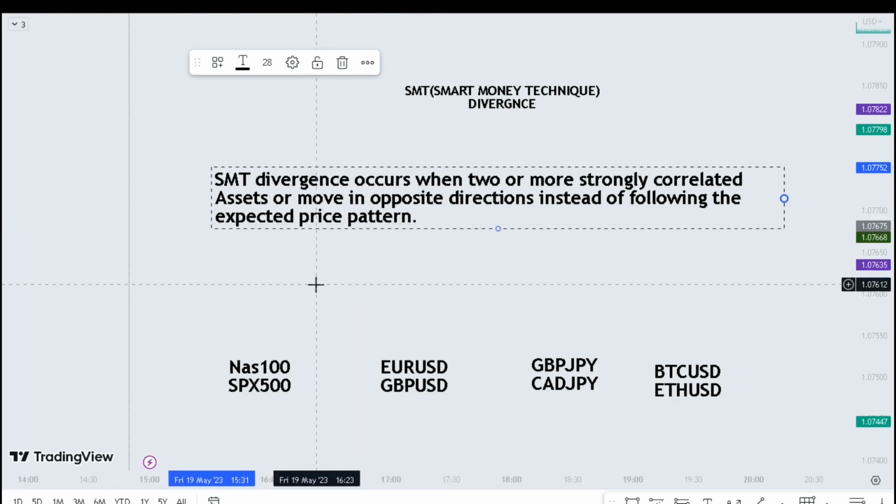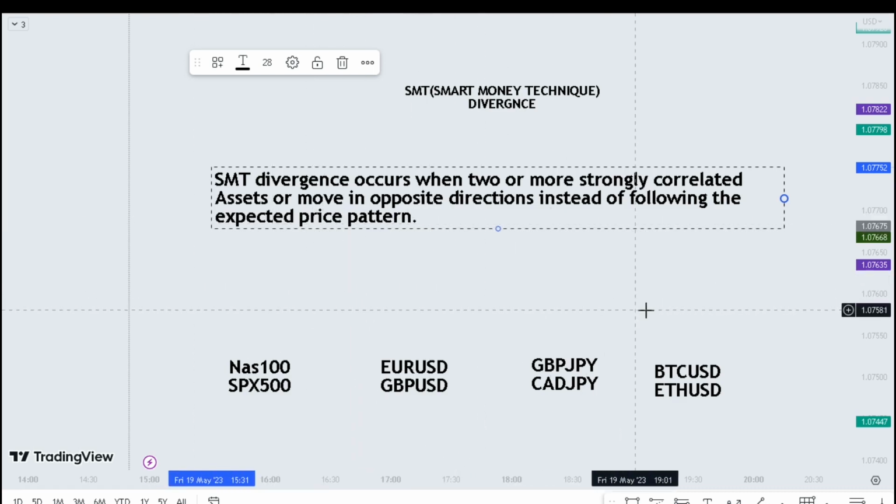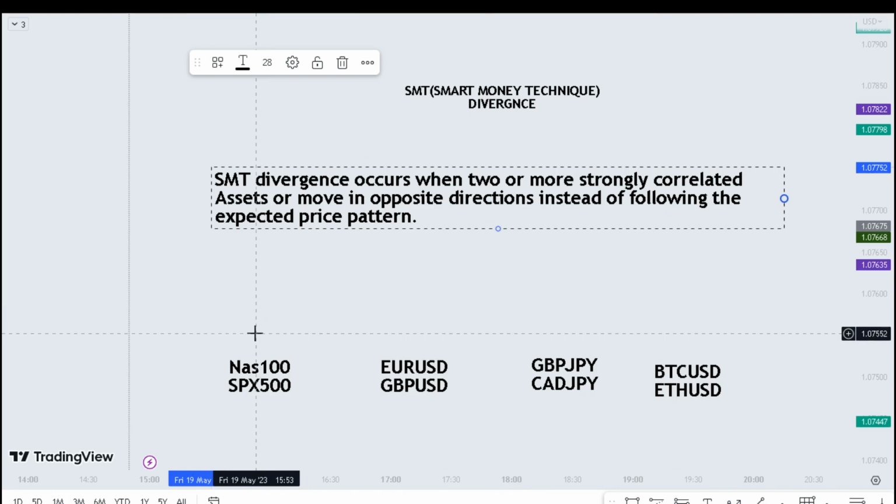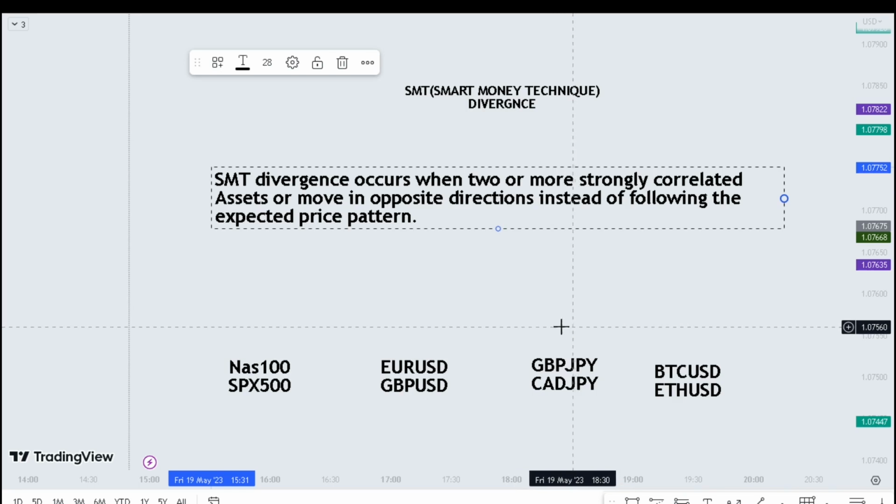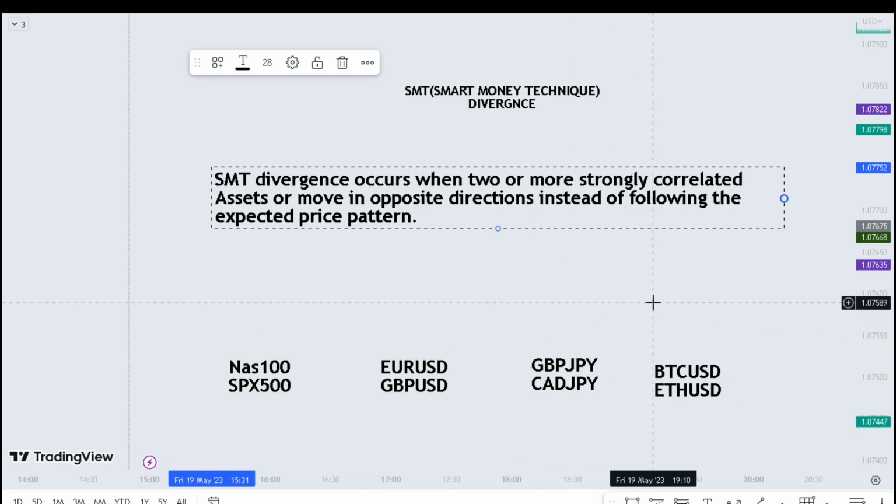So I have a few examples of strongly correlated assets: NAS 100, SPX 500, EUR USD and GBP USD, GBP JPY and CAD JPY, Bitcoin and Ethereum. So when these start opposing each other in price movements, that is what we call SMT divergence.